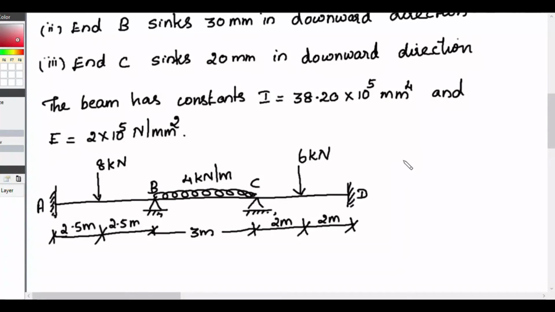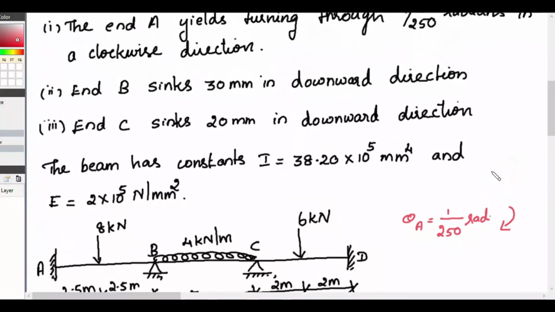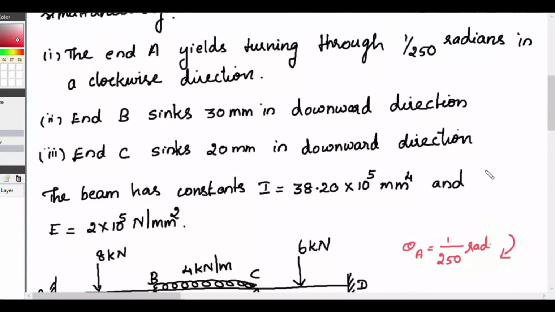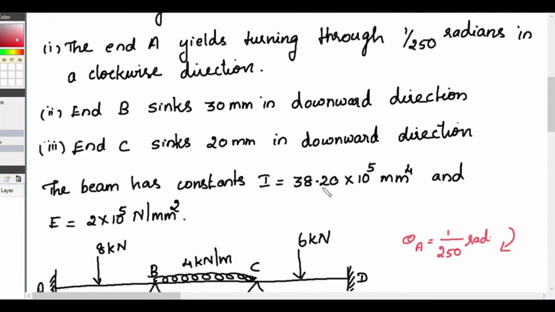So one condition given is theta A is equal to 1 by 250 radians and this is acting in the clockwise direction. That means theta A is positive. Okay, theta A is positive. 1 by 250 radians acting in the clockwise direction. So it is positive. Now end B sinks 30 mm in the downward direction.